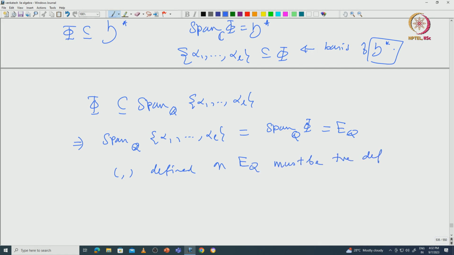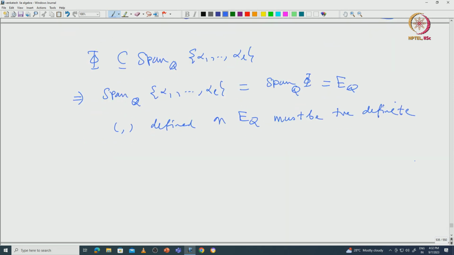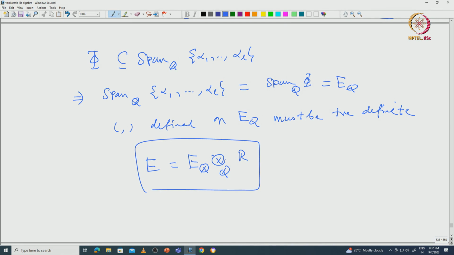So, then to go from this Q vector space to R vector space, we took this E Q and tensored over R over Q. This is called extending scalars. So, now extending this bilinear form to this capital E, we got the Euclidean space that is required.